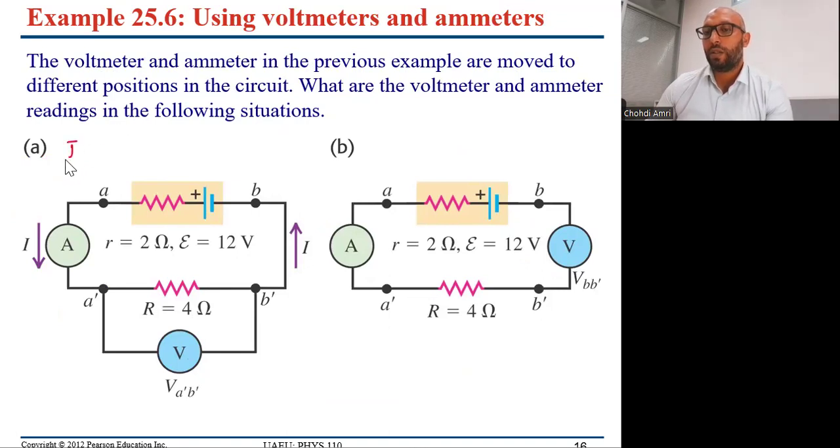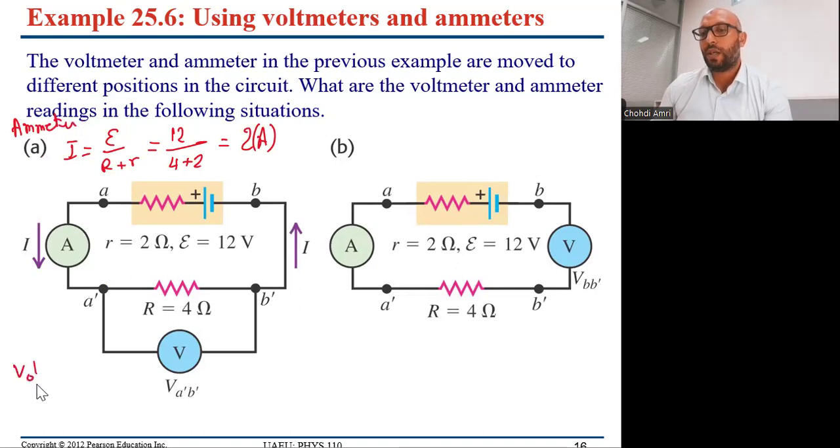So what will be the current here? We have a real battery and we have external resistance. So the current is epsilon over capital R plus small r, so it would be 12 divided by 4 plus 2. So we have again 2 ampere. This is the reading of the ammeter.